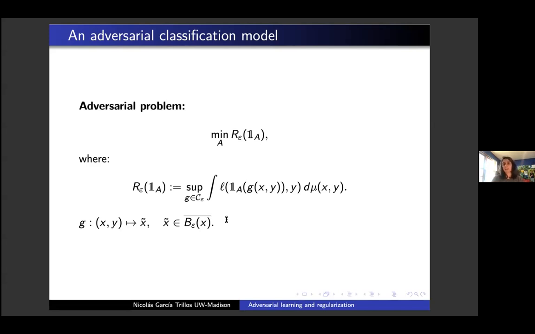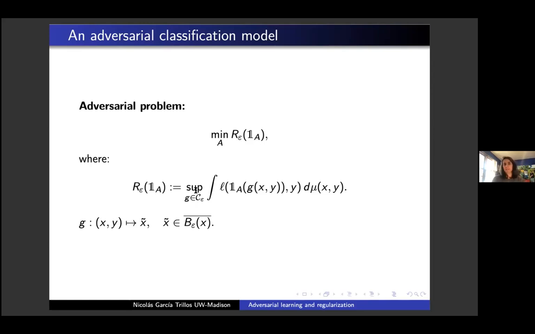Okay, so this robust average misclassification error has this form. So if you give me a set or a classifier, this risk or loss is computed by taking a supremum over all possible attacks.